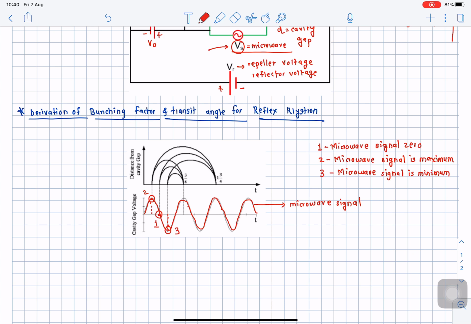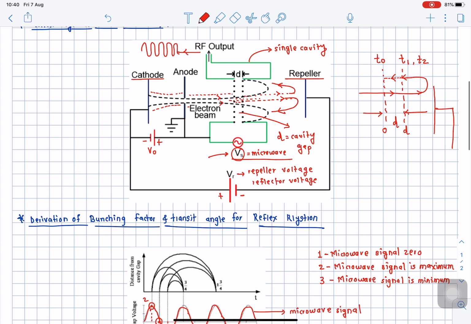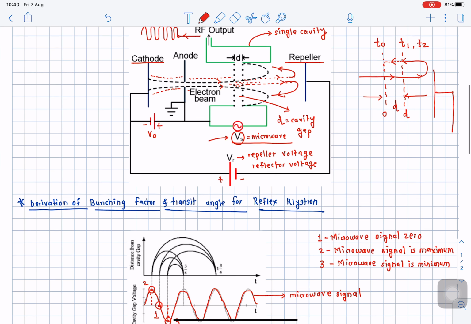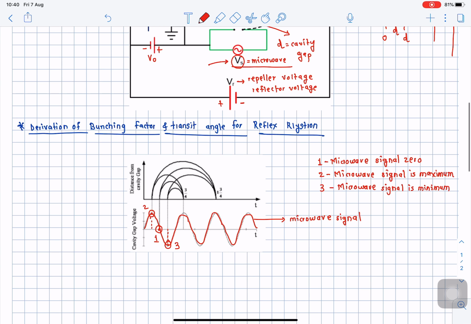Okay. So what happens because of this type of behavior of the microwave signal that we are applying momentarily at the input of the single cavity in the reflex klystron? Because of this, whatever electrons are entering, the electrons will get their velocities differentially modulated.